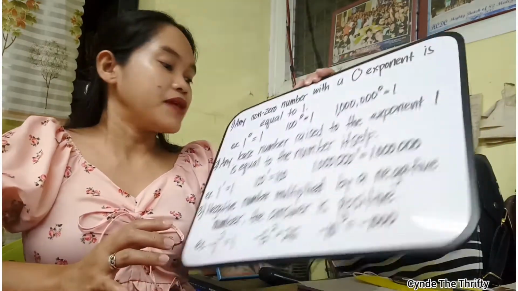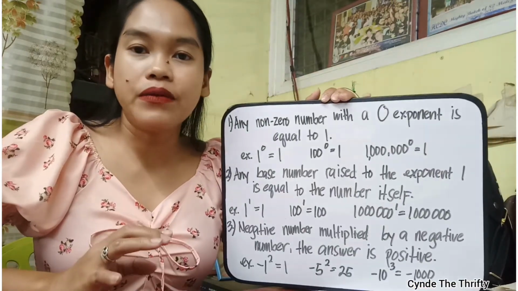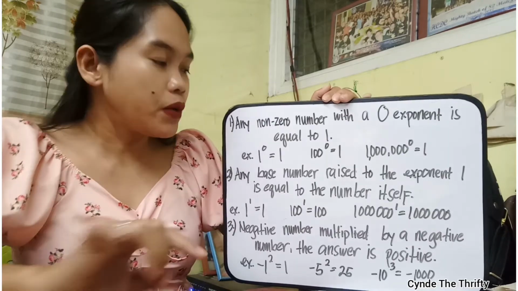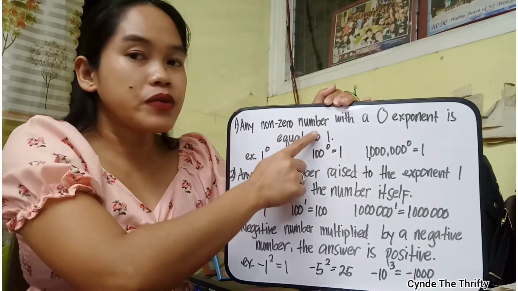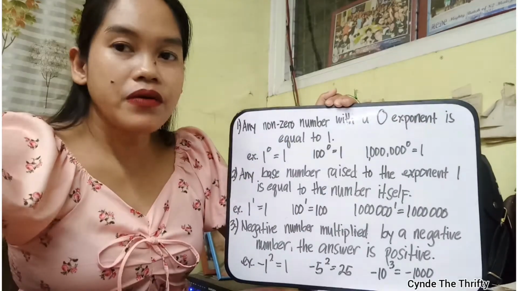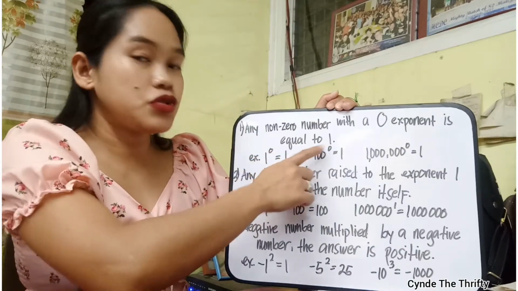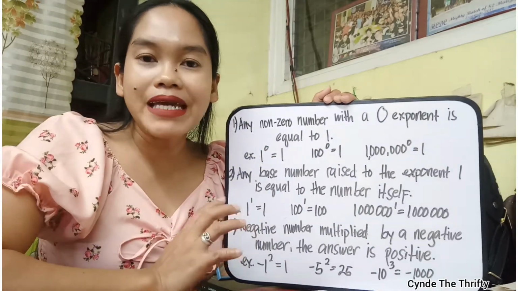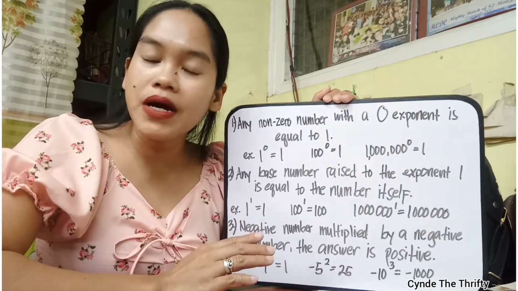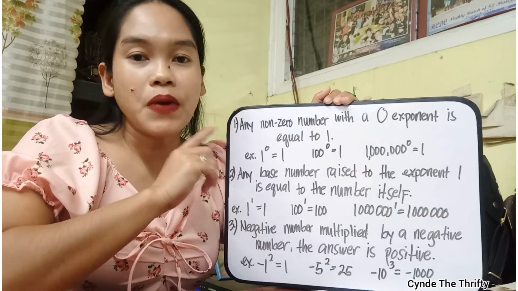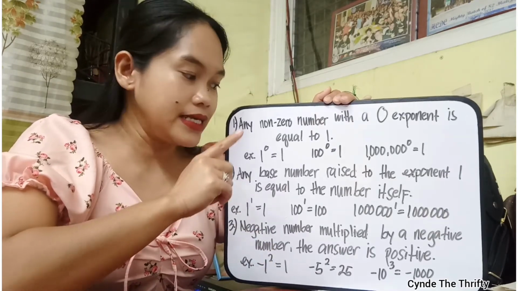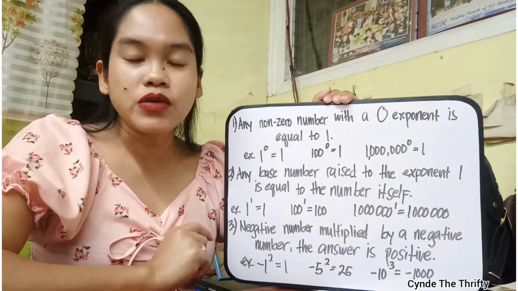So, bago natin hanapin ang value ng ating base, dapat muna natin i-remember ang mga points na to in dealing with the exponents. So, number 1, any non-zero number with a zero exponent is equal to 1. So, kahit anong base mo, kapag 0 ang kanyang exponent, ang kanyang value is always 1. So, tandaan natin yan.